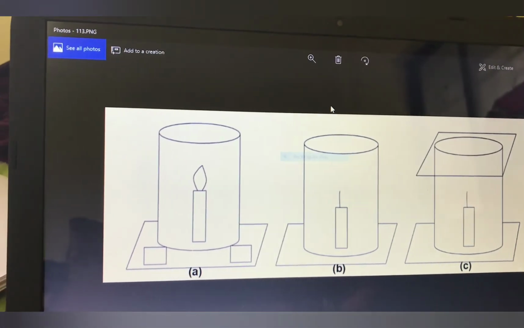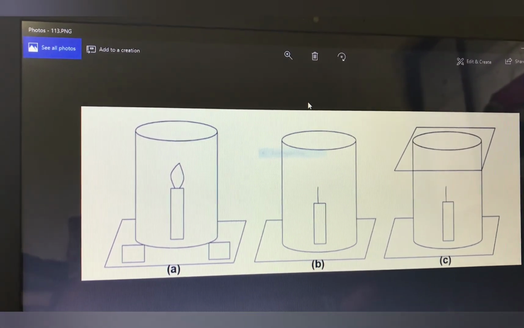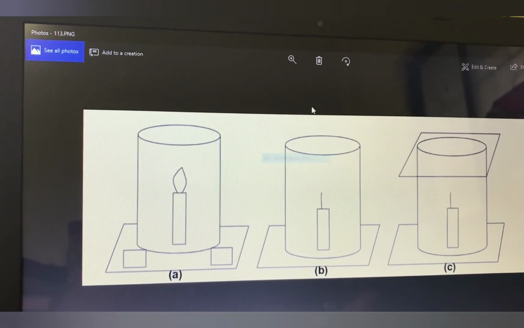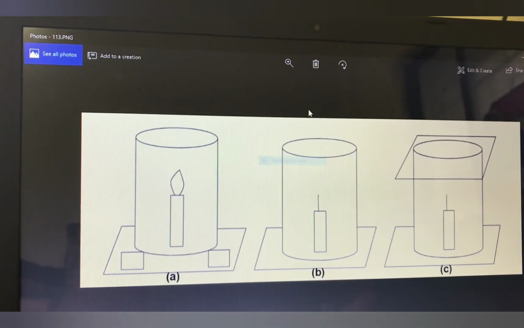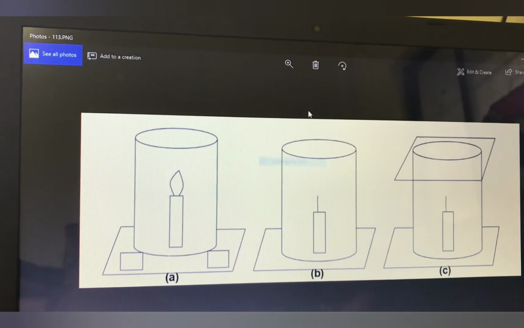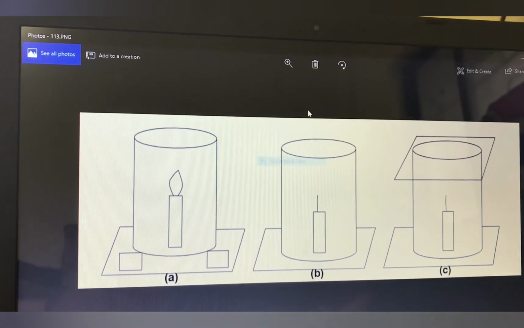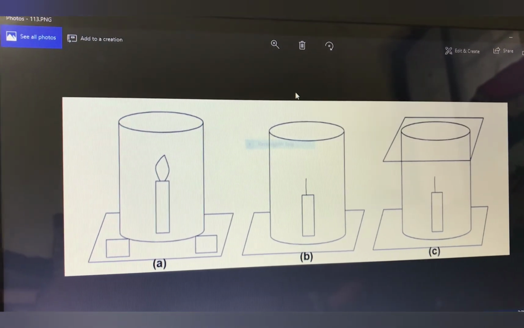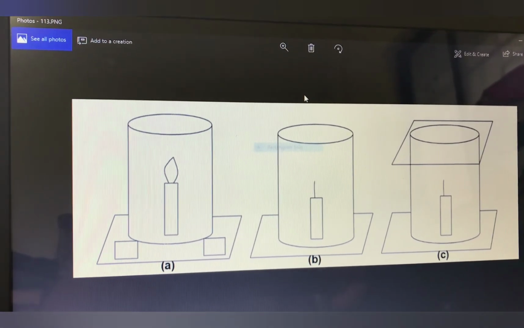And in the case of the first one, there is space at the bottom and open space at the top, so there is ample chance for wind to blow. So the candle continues to burn till the last. That means a sufficient supply of oxygen is required for the fuel to burn.